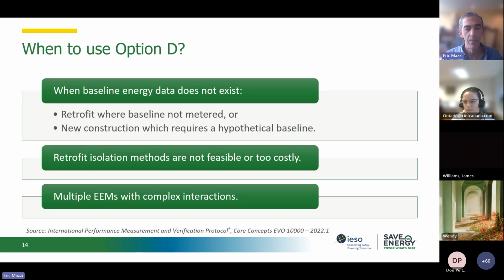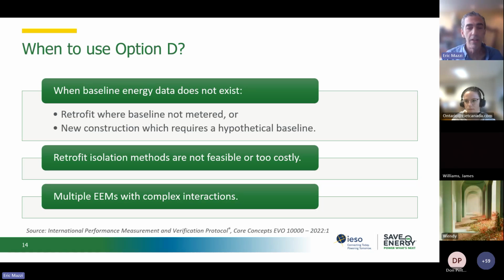There was an industrial furnace project I worked on, and the old equipment just did not have much metering installed. It had a few temperatures and things, but no fuel consumption was metered, and that is very common. The other common situation is new construction, where it's literally impossible, right?